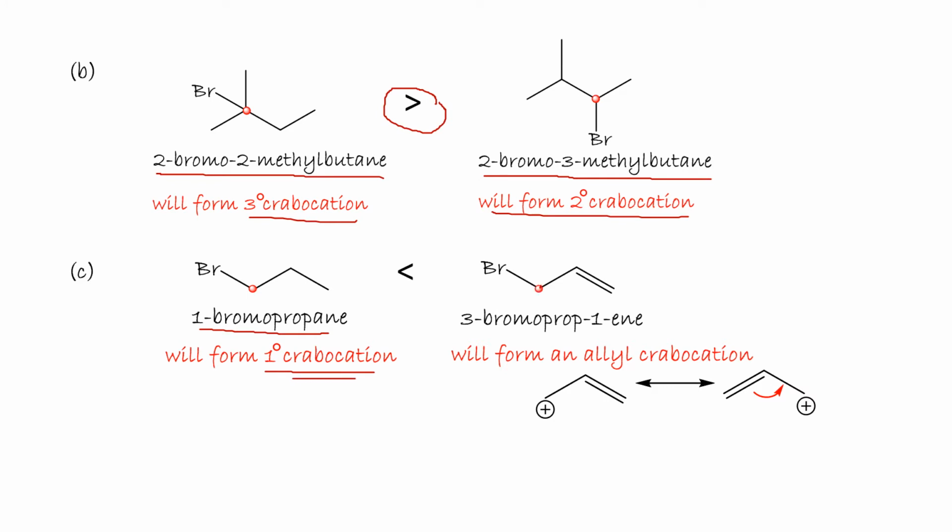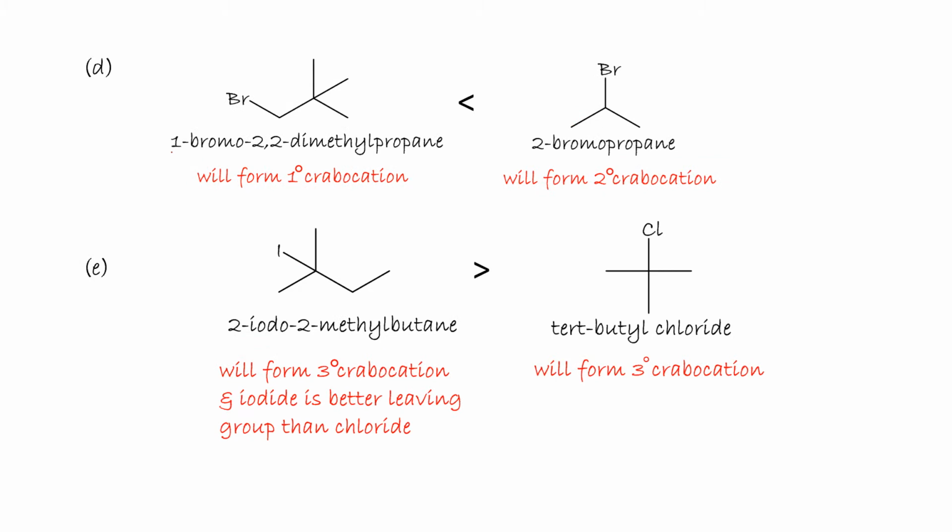Here again, primary, but this is an allylic carbon, and the allylic carbon will give an allyl carbocation, which is stabilized by resonance. So this is more stable and will be faster for the SN1 reaction as substrate.